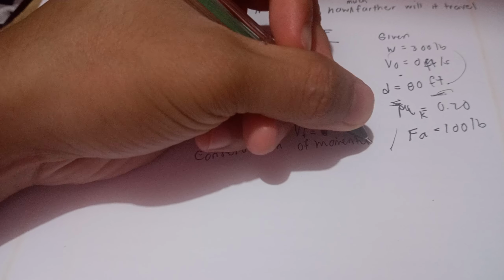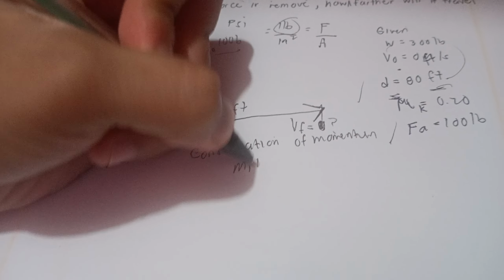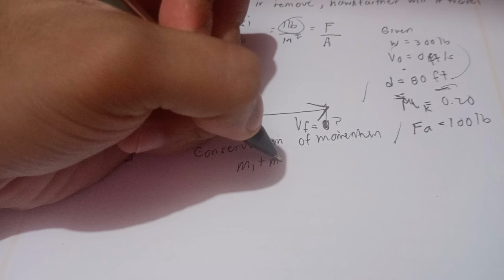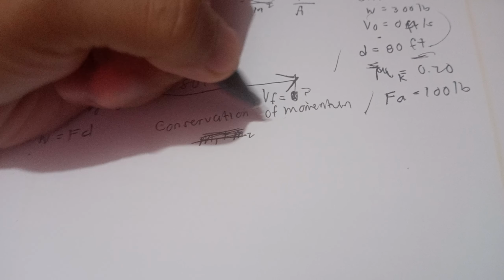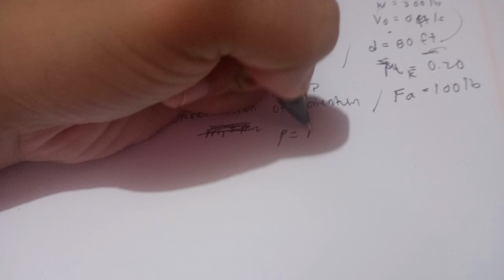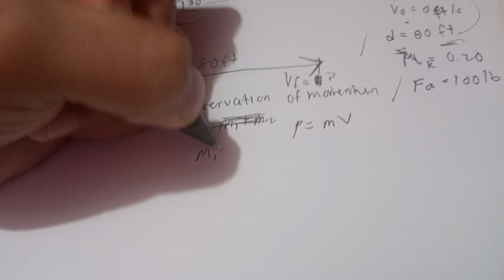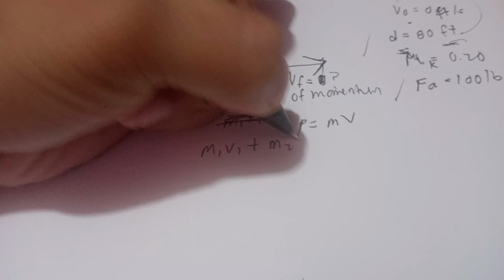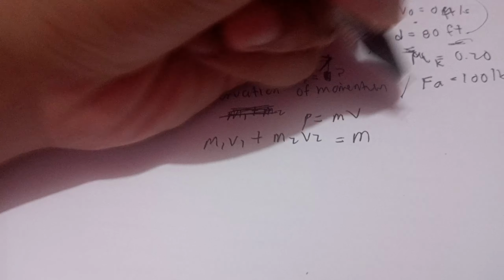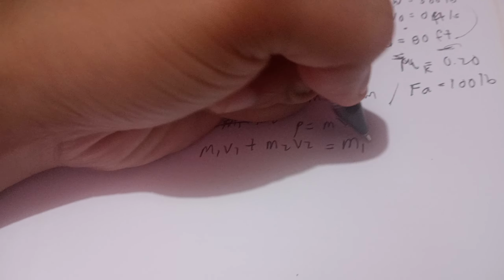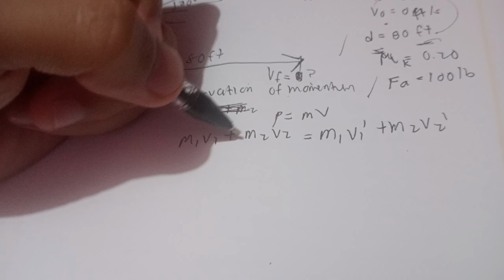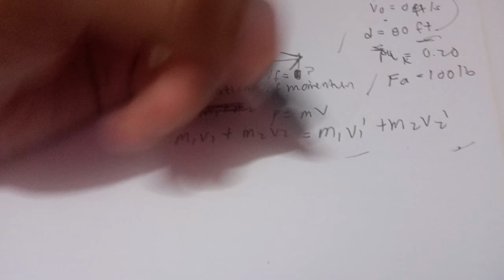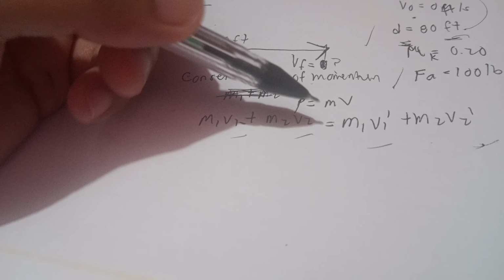Dito, ang formula lang naman, that's M1V1 plus M2V2 equals sa final, so M1V1 prime plus M2V2 prime. Itong prime kasi that's final lang, so itong mga walang prime, that's initial. Initial velocity ng 1, initial velocity ng 2.